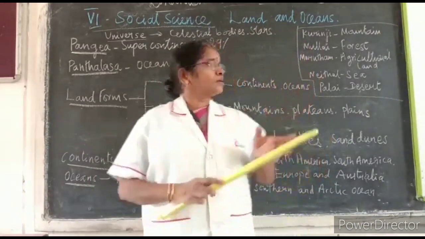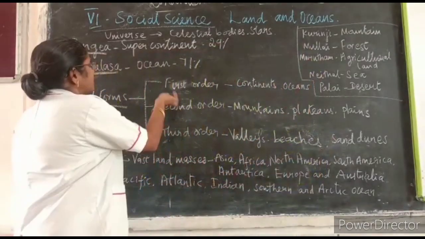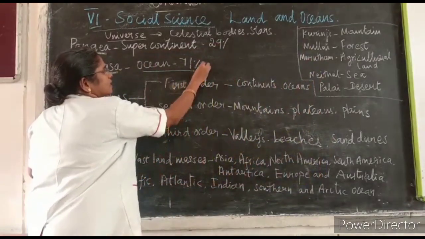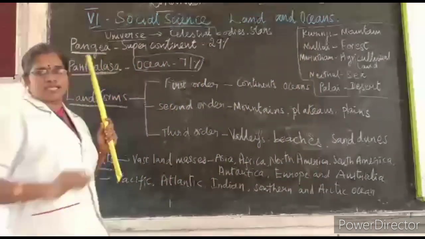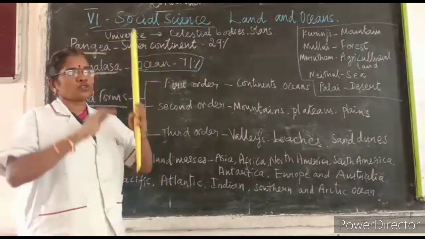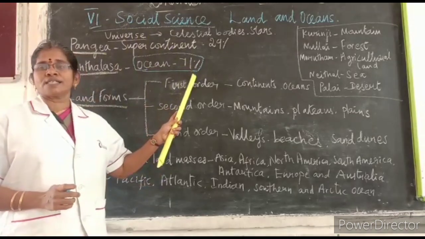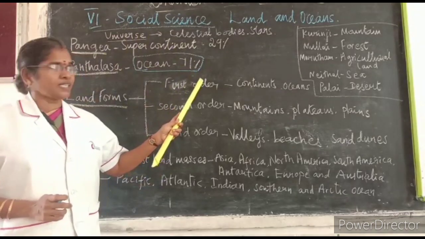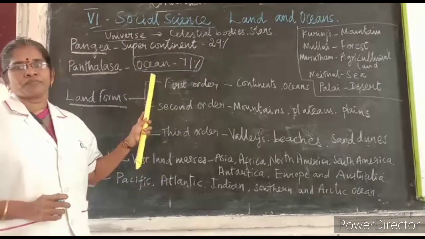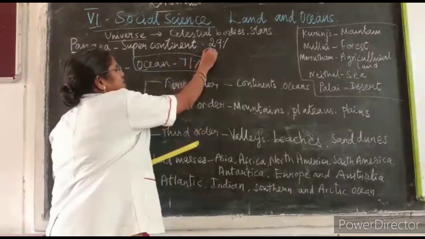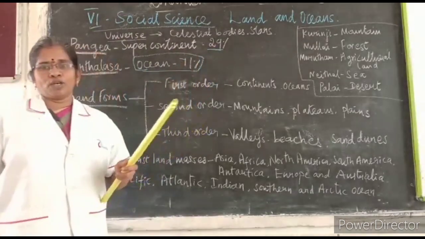Why is it blue? Because of the presence of water, 71%. If you take the whole Earth, about 71% is covered by water bodies, that is nothing but ocean. And 29% is covered by land masses.